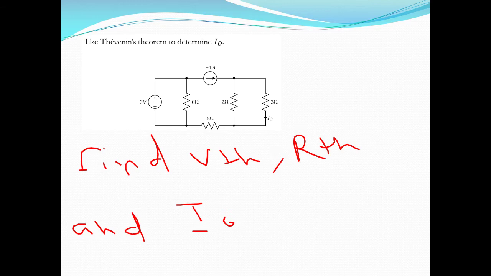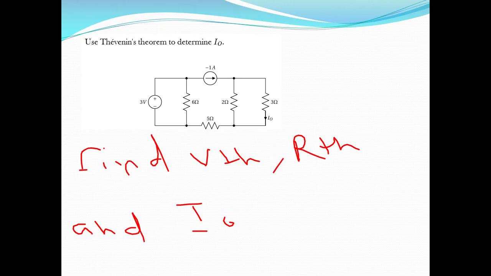VTH is the open circuit voltage at the load terminal, across which we have to find the value of current. Second is RTH. RTH is the equivalent resistance across the load terminals when the load is removed from the circuit.